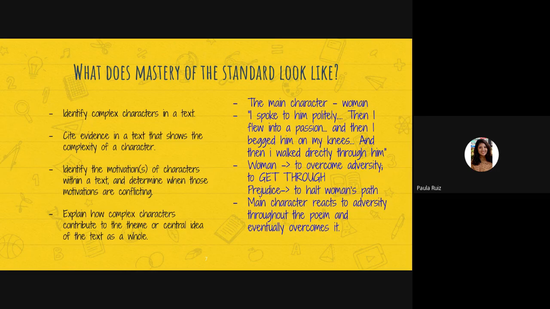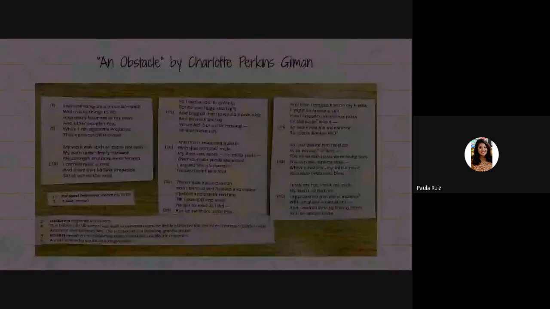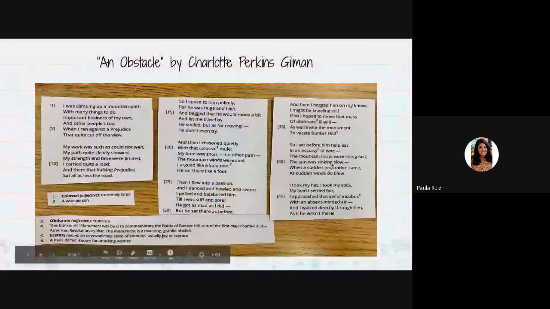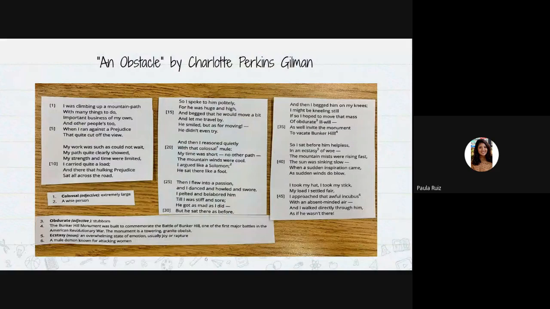So as she reacts throughout the story, she goes through trying to speak with him politely. So if you were in an altercation with somebody and you just felt that you were being pushed down when you're already at a vulnerable position, you might speak to them politely to try to get away from it.